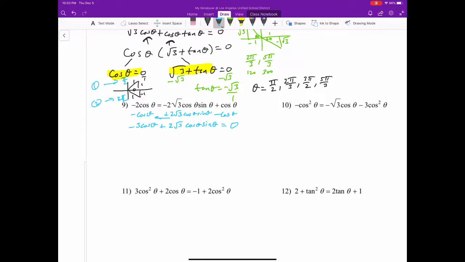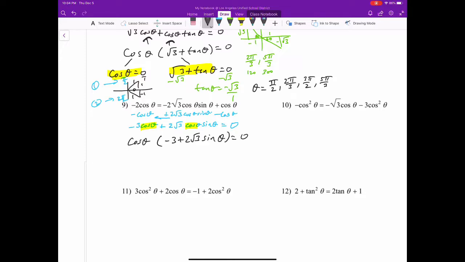Now, just like our last problem, we're looking for things that are identical that we can factor out. And as you can tell, we have a cosine and a cosine here. So let's go ahead and take those out. We're just factoring out negative cosine, parentheses, negative 3 plus 2 square root of 3 sine of theta.